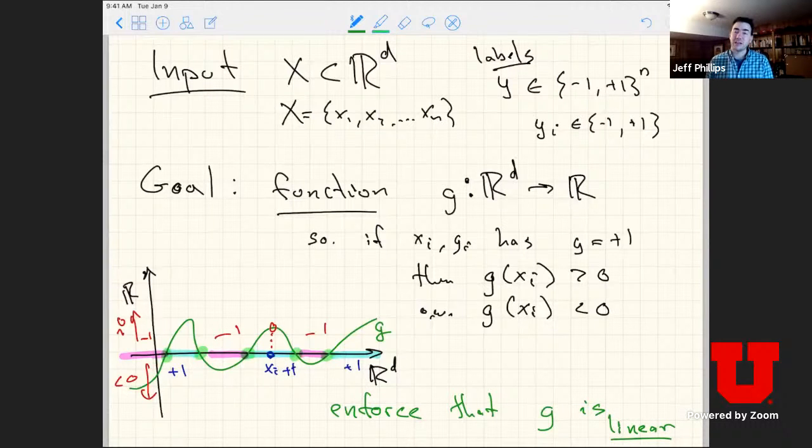Okay, so it's going to be a linear function, and that's going to enforce a lot of structure onto what we're doing and make a lot of stuff work. And through the next 3 lectures, all the same structure is going to be there. Even if it's not linear, we're going to be able to use all the same machinery anyways without restricting to these linear functions. And then we'll talk about completely different stuff in the last lecture.